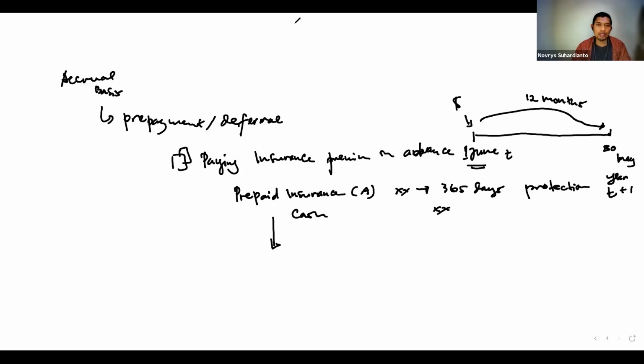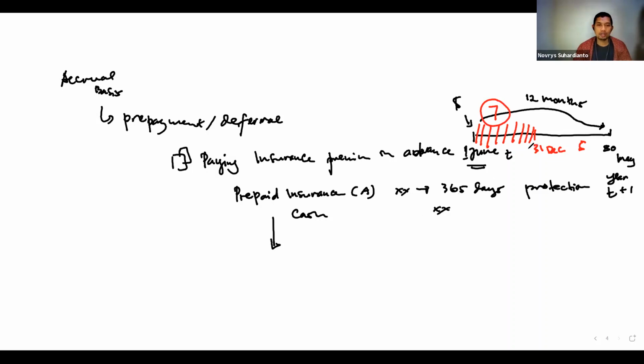Suppose you need to prepare financial statements at the end of December, 31st December. So from June to 31st December, the protection period has already expired. You still have around 5 months left, but 7 months expired. 7 months expired, 5 months protection still there.